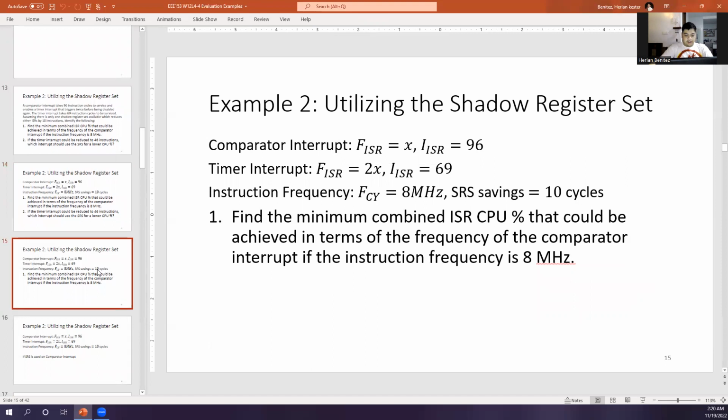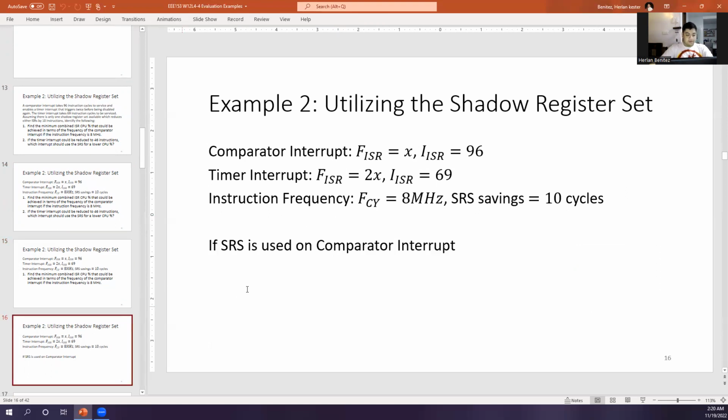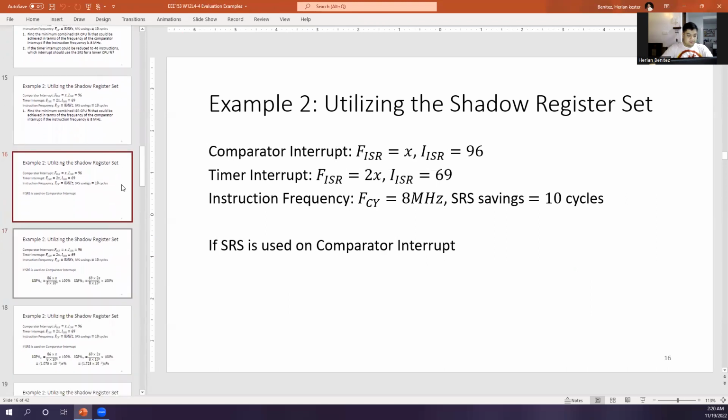So, to get the combined ISR CPU percentage, we have to compute the individual ISR CPU percentages. Before we proceed, let's first assume that the comparator is the one that will use the shadow register set.